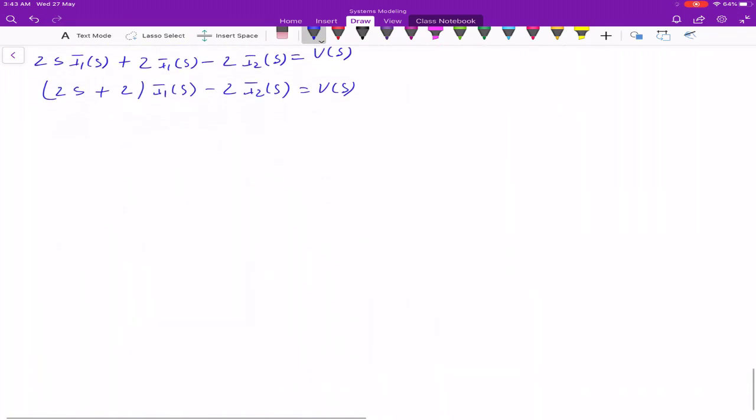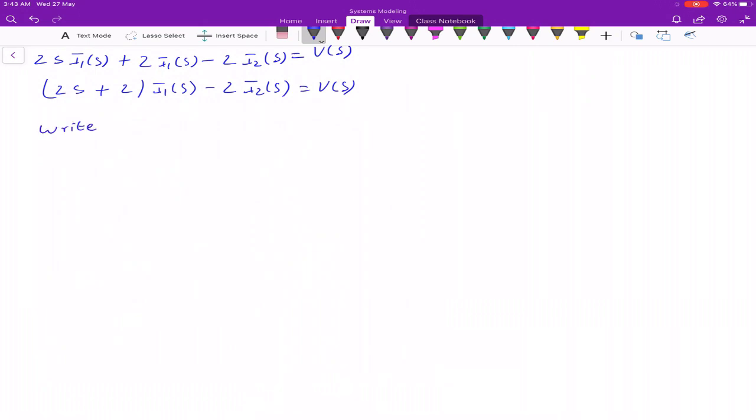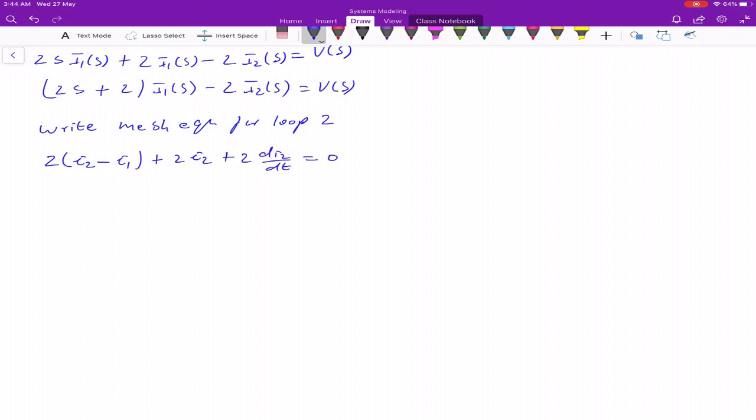Next we can write the mesh equation for loop 2. For loop 2 we have 2 times I2 minus I1, plus 2 I2, plus 2 di2 dt is equal to 0.